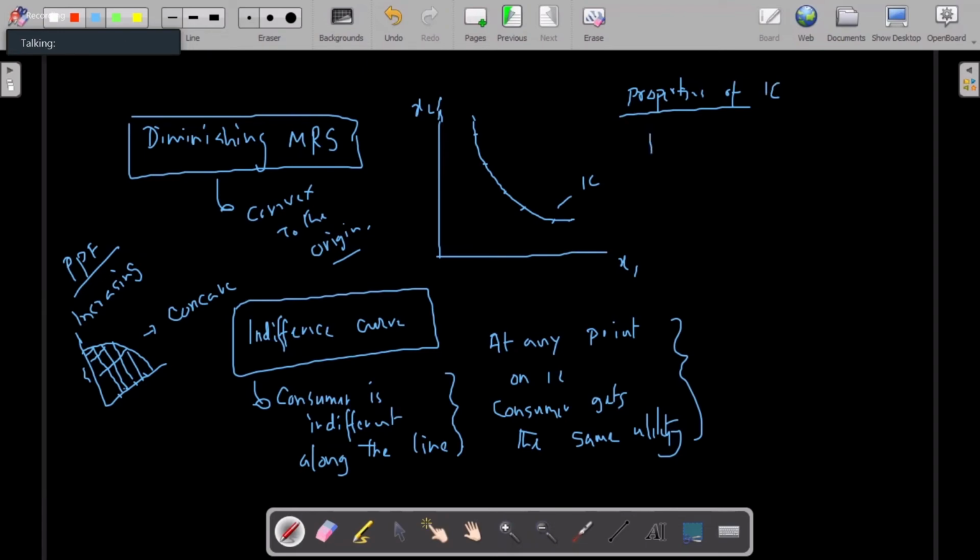Property number one: the IC is downward sloping. Property number two: the IC is convex to the origin.